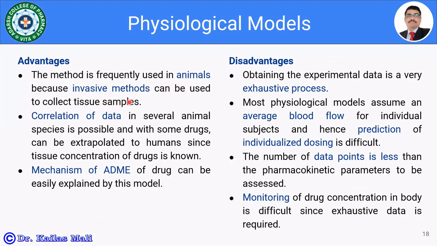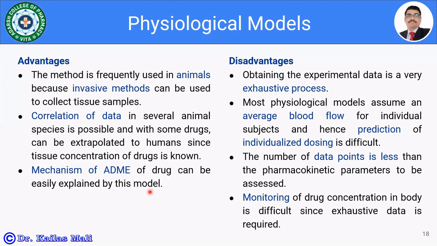Without tissue samples, it is not possible to develop physiological models. The correlation of data in several animal species is possible, and with some drugs can be extrapolated to humans, since tissue concentration of the drug is known. The mechanism of ADME of the drug can be easily explained by this model. So these are some advantages of the physiological models.